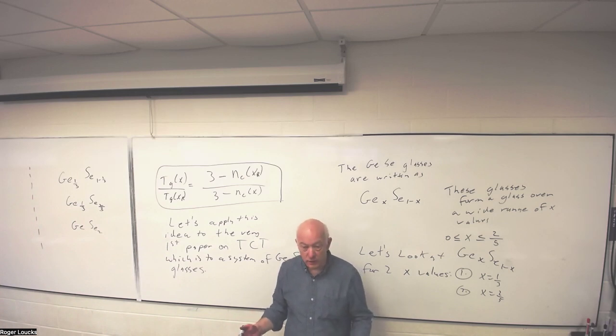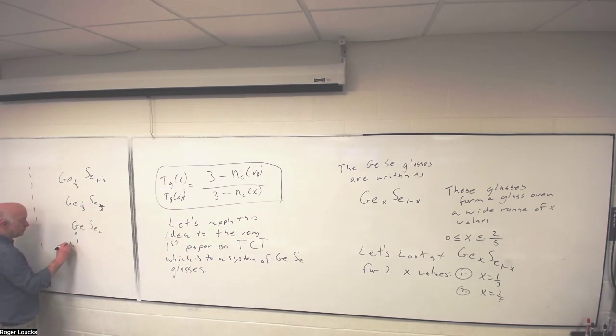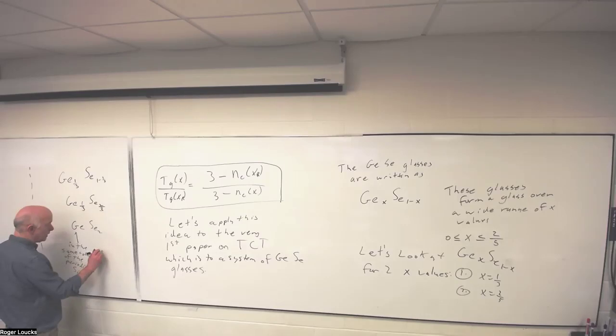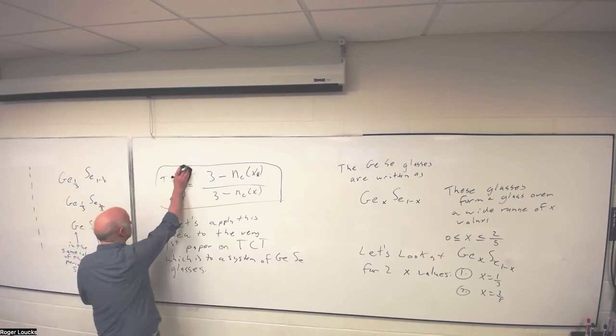This is going to look exactly like SiO2. Germanium is in the same column of the periodic table as silicon, and selenium is in the same column as oxygen.